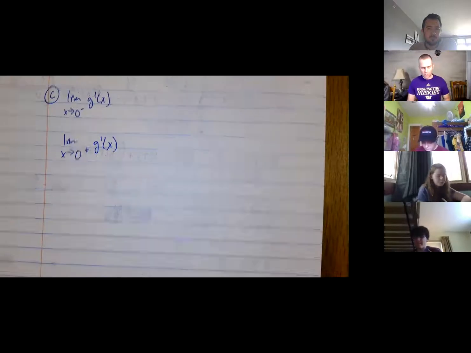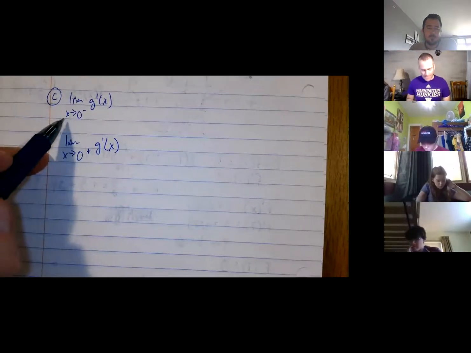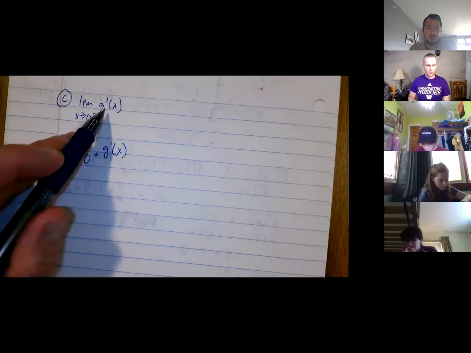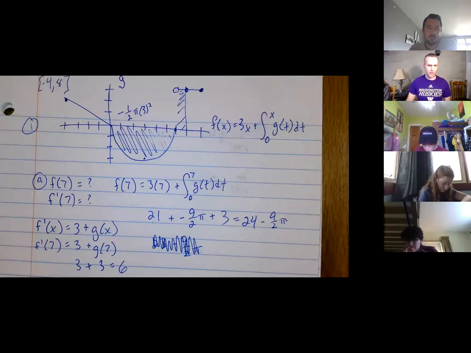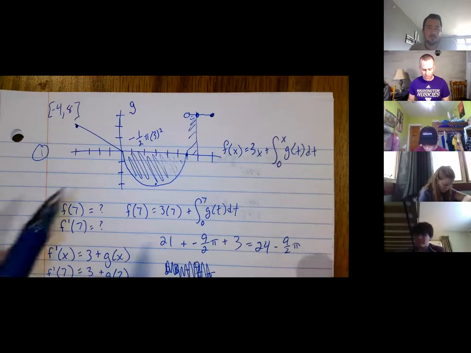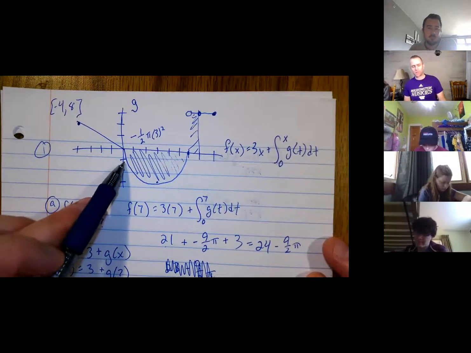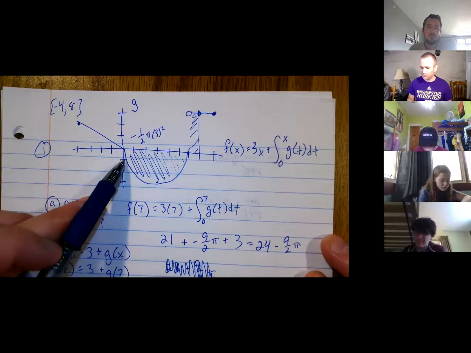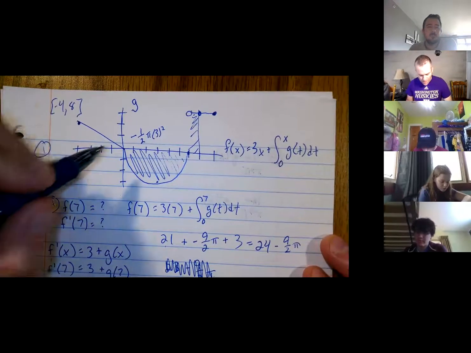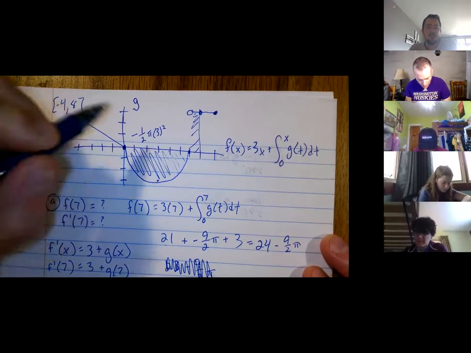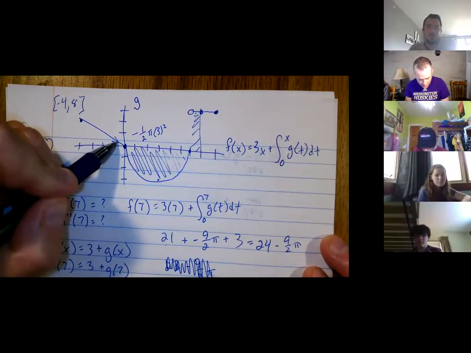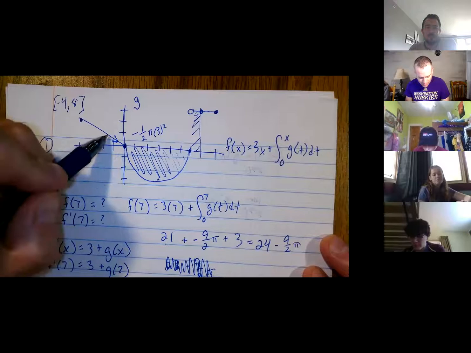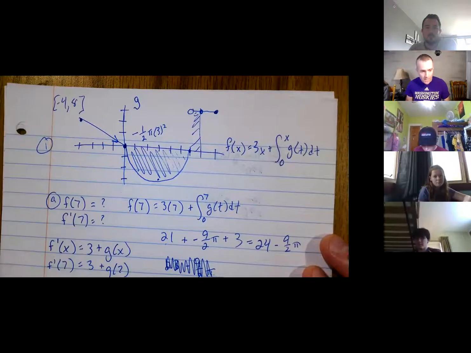All right, so the limit as x approaches 0 from the left of g prime. So what are we asking? Now remember, this is a graph of g, right? So if we're looking at a graph of g, what does the limit as x approaches 0 from the left of g prime mean? Well, if I'm approaching 0 on the left, I'm moving this way. It's saying, what is the slope of the tangent approaching as we get to 0?